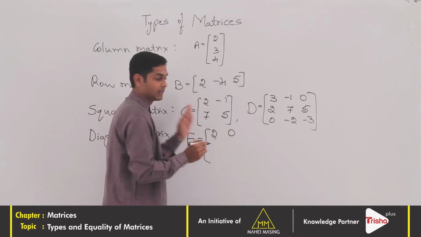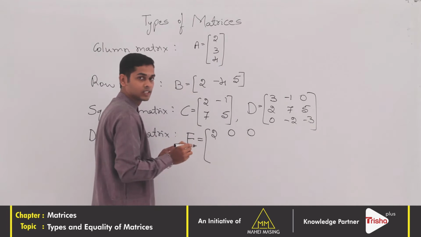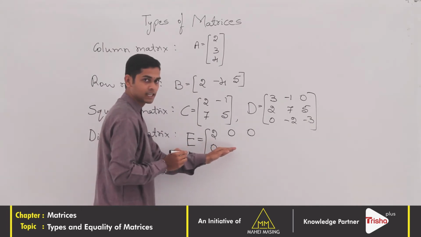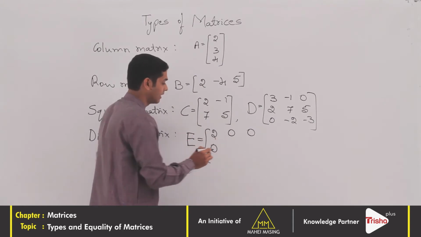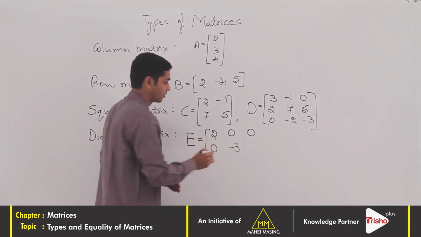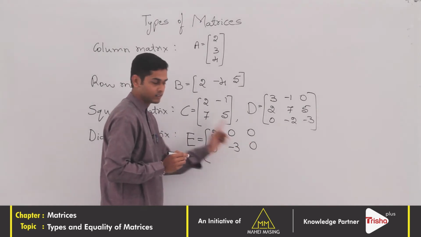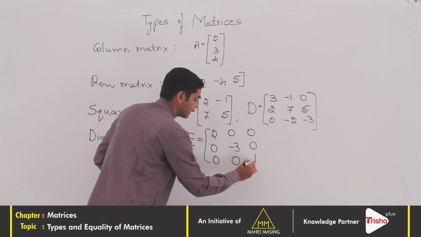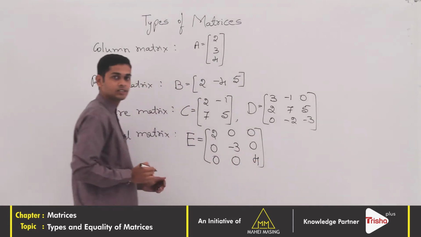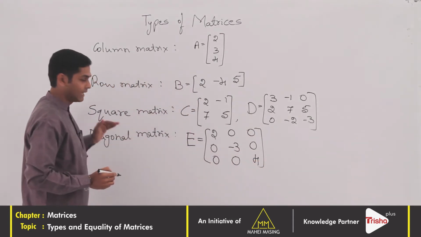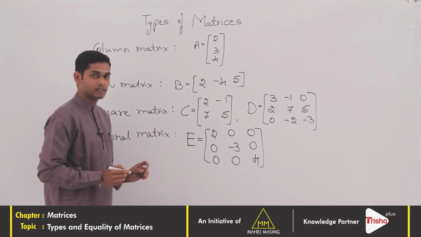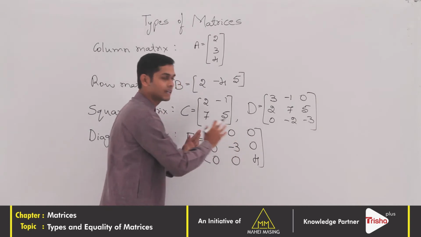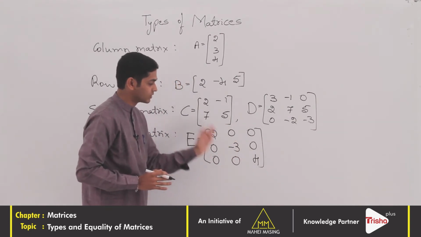Non-diagonal entry, 0, this place again non-diagonal entry, and second row, second column is a diagonal entry, so it cannot be 0. Non-diagonal entry, 0, non-diagonal entry. So this is an example for a diagonal matrix. A diagonal matrix is a square matrix in which all the non-diagonal entries are 0.